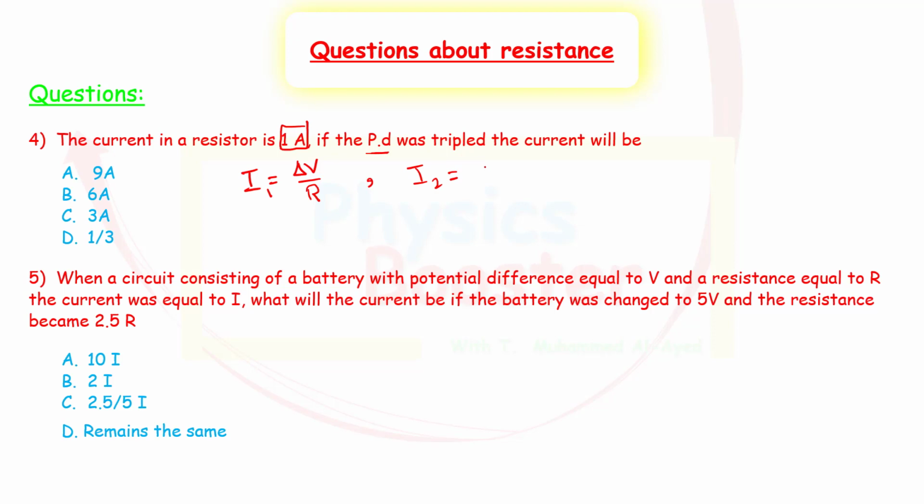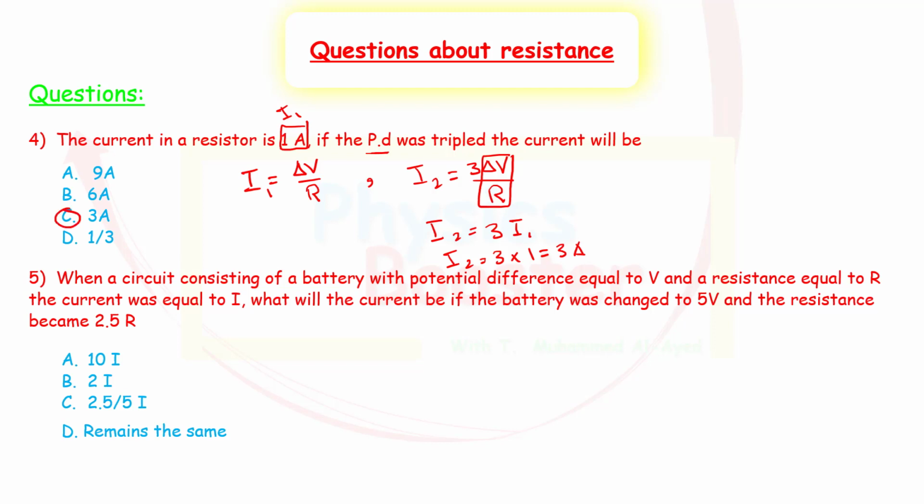So I2 is equal to 3 delta V, because the potential difference was tripled, but the resistance remained the same. And we know that delta V over R is I1. So we can say that I2 is equal to 3I1. And we learned from the question that I1 is equal to 1 ampere. So I2 is equal to 3 multiplied by 1, which is equal to 3 amperes. So the answer is C.